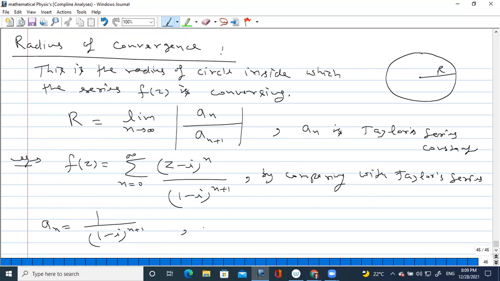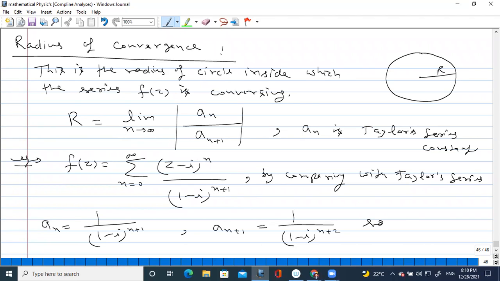So a_(n+1) will be what? In place of n you put n+1. a_(n+1) will become 1 upon (1 - i)^(n+2). And what do you want to find out? You want to find the radius.